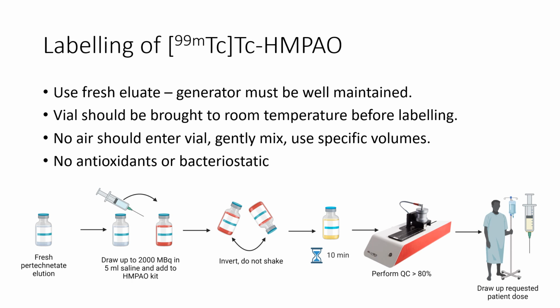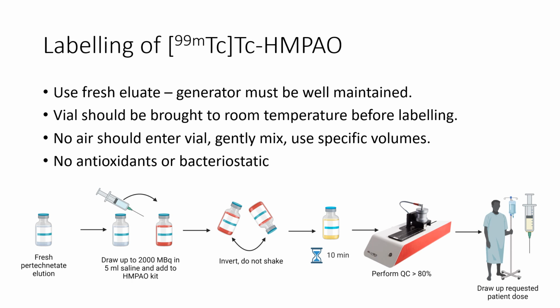So you use a fresh eluate, and your generator must be well maintained. What do I mean by this? You cannot use a generator that has not been used in the last 24 hours. So if you come in on a Monday, you received your generator on a Sunday and you haven't eluted it, then it's not good to use because there is a build-up of ground state technetium.